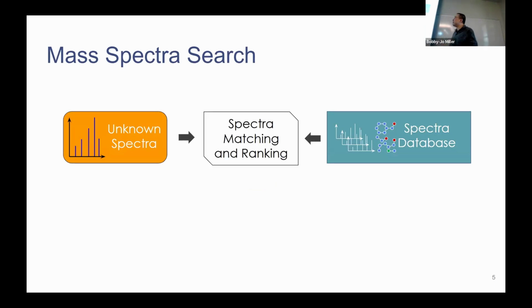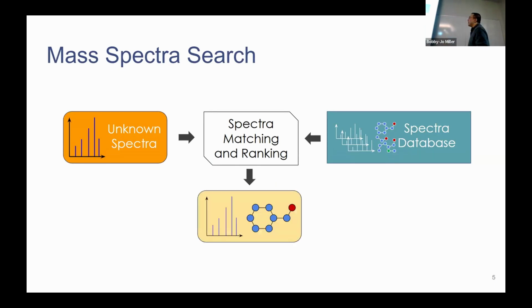Then you perform something called spectral matching and ranking. Basically, depending on your choice of ranking method, you say which two things are most similar. By then you will say, hey, I found my answer. This is what this particular sample is.